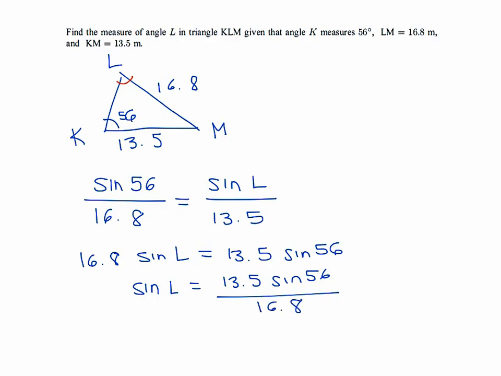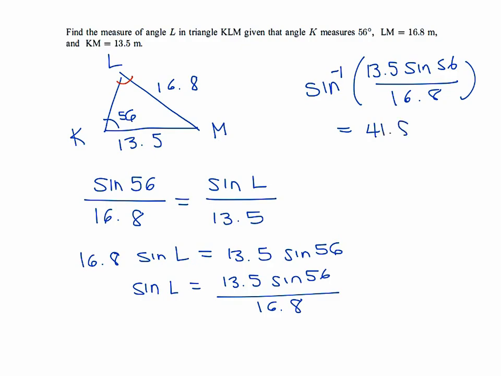We need to find the angle L, so we want to use arc sine of 13.5 sine 56 over 16.8. This returns the value of 41.8. Using the sine rule, we always have to be careful, as there might be two answers.